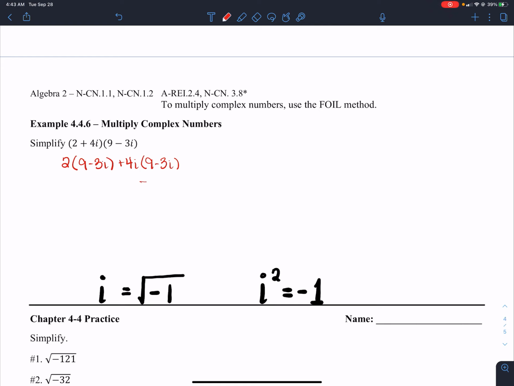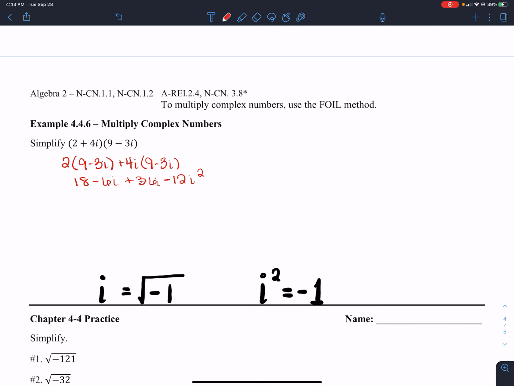Let's see, so 2 times 9 is 18. 2 times negative 3i. 4i times negative 3i is negative 12, and that's i squared. i times i is i squared.